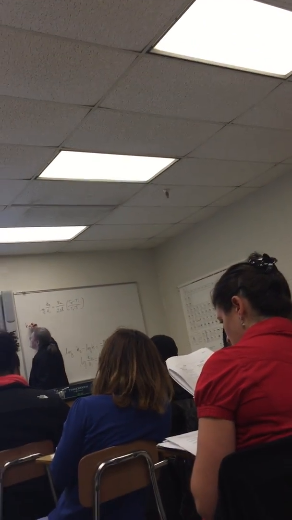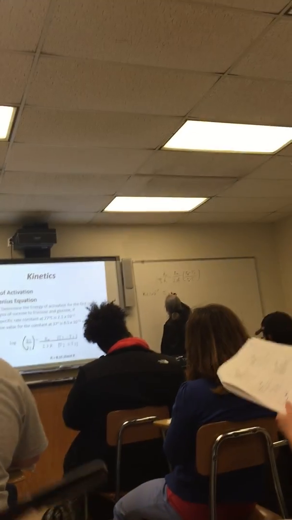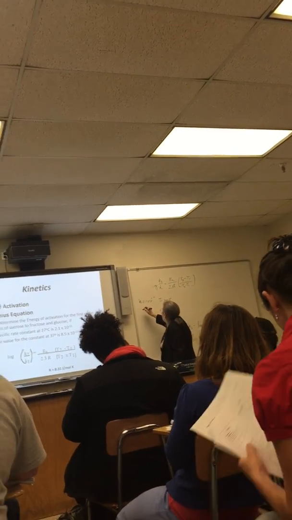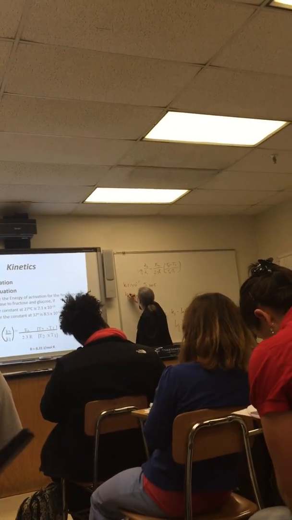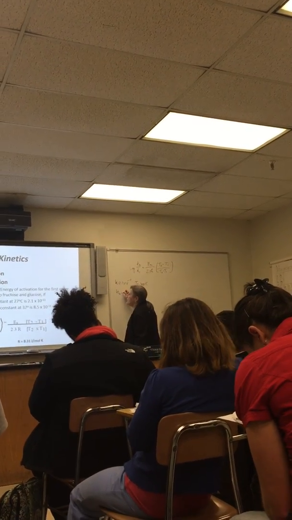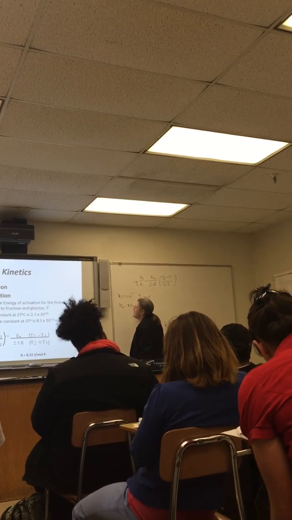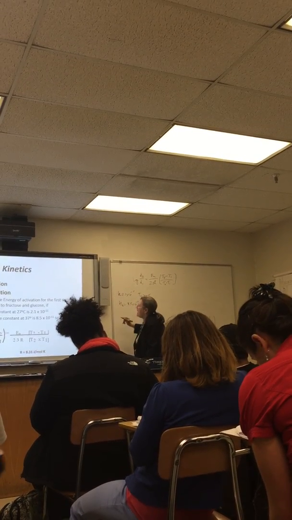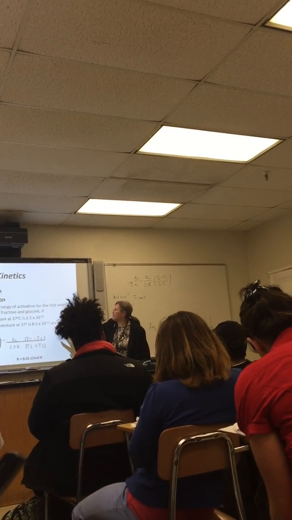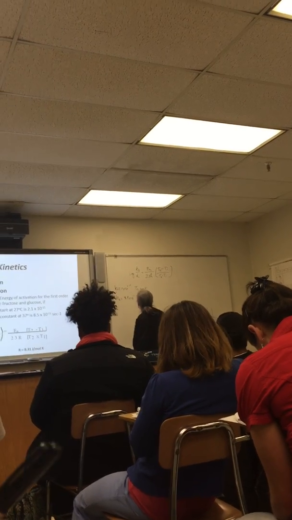K1, we can say, is 2.1 times 10 to the negative 11 when the temperature is 300 Kelvin. And K2 is 8.5 times 10 to the negative 11. And this is a first order reaction, they're both per second, so it's a first order reaction.